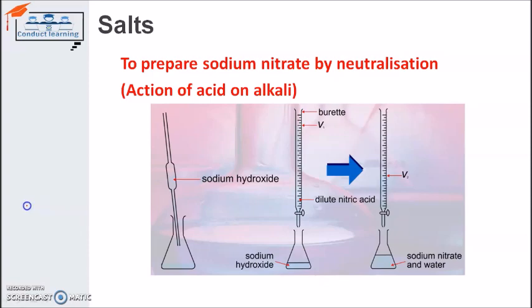Here in a beaker we take sodium hydroxide, that is NaOH, which is a base, and in another we take an acid, nitric acid, and the formula for this is HNO3. It gives us a salt that will be sodium nitrate, NaNO3.